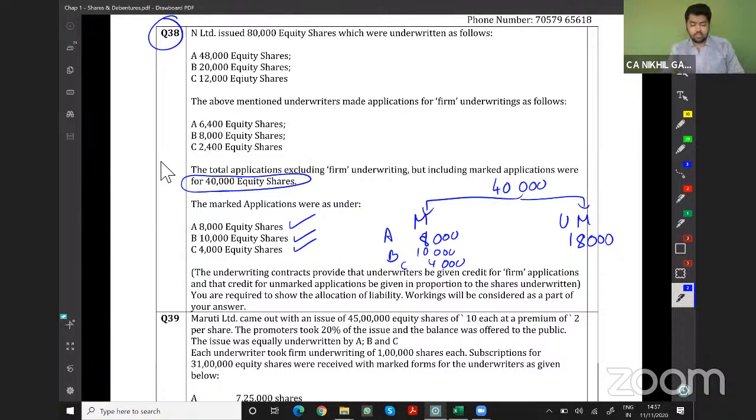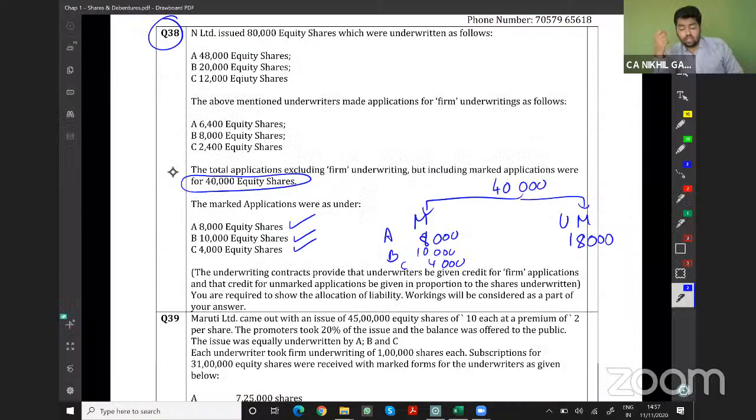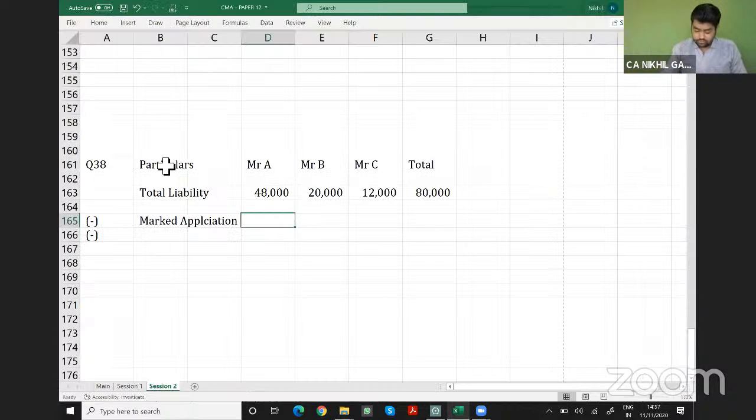So 40,000 is further bifurcated into two parts: one is marked and one is unmarked. Marked application means the investors brought by the underwriter: Mr. A has brought 8,000, B has 10,000 and Mr. C has brought 4,000.